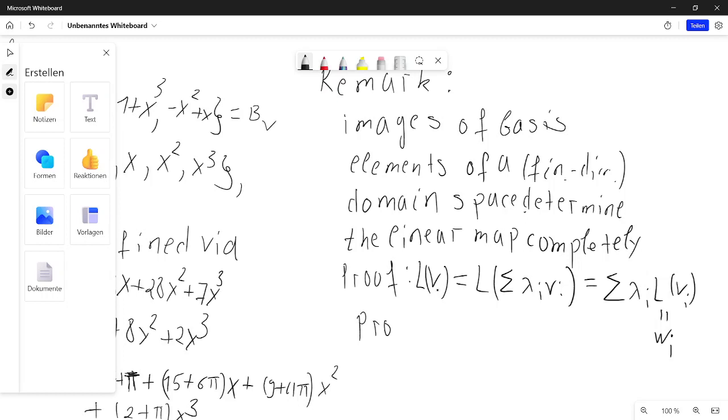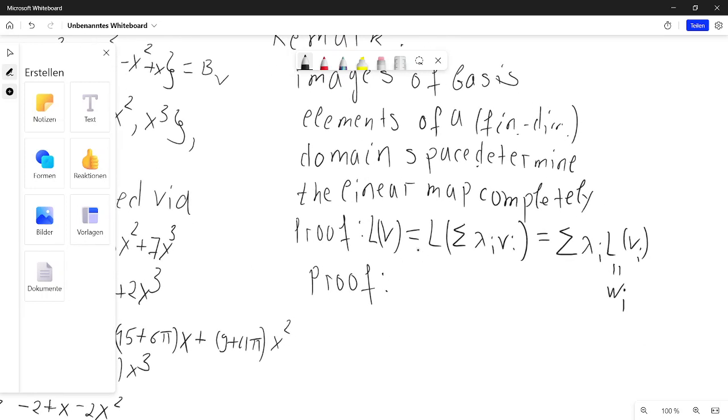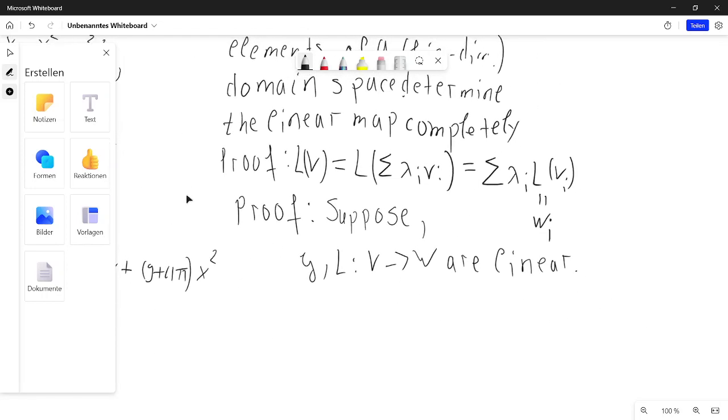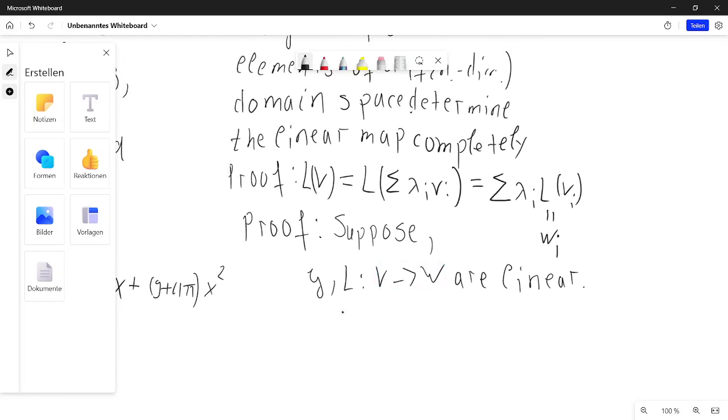Alternative thing, which is more rigorous conceptually: suppose G, L from V to W are linear. That's an alternative idea how you can see that. But actually it's the same. Let's look at the more rigorous approach, because this is a little bit wishy-washy.